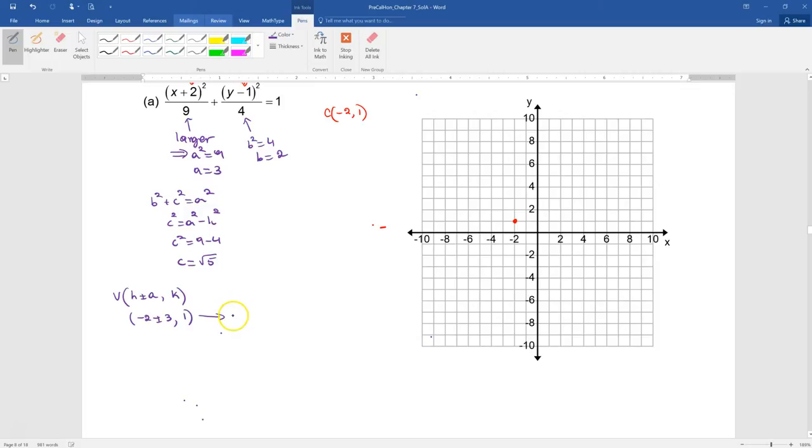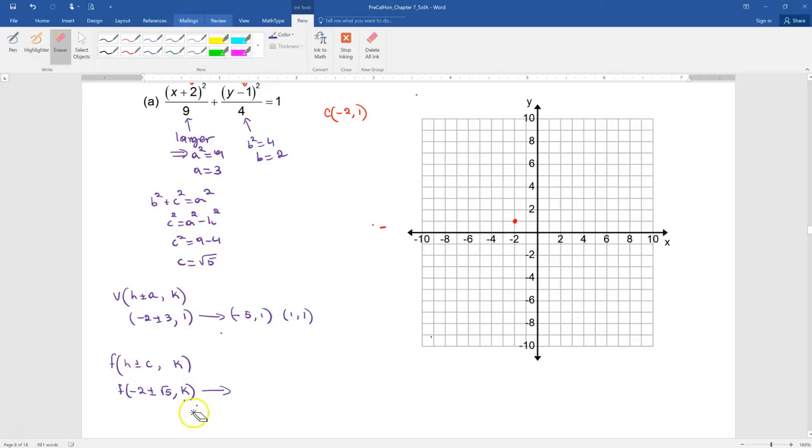That means it's negative 5, 1 and 1, 1. The foci are also on this axis, so it's the same thing. Vertex and focus are analogous to each other. So it's going to be H plus or minus C, and K. So the focus is negative 2 plus or minus root 5, comma K.